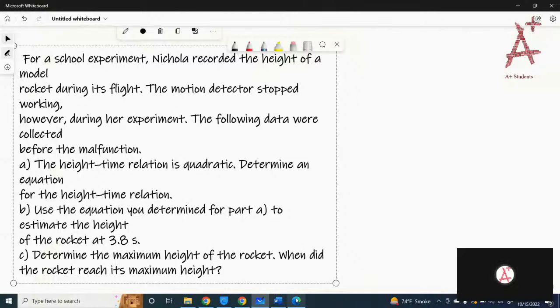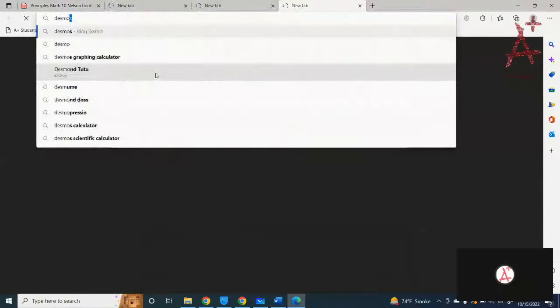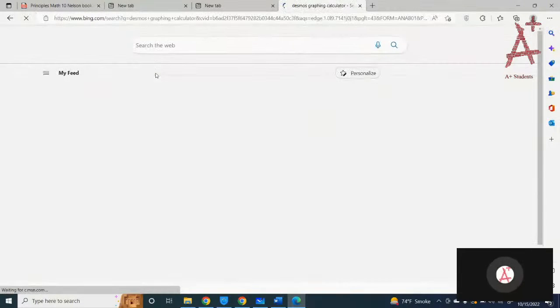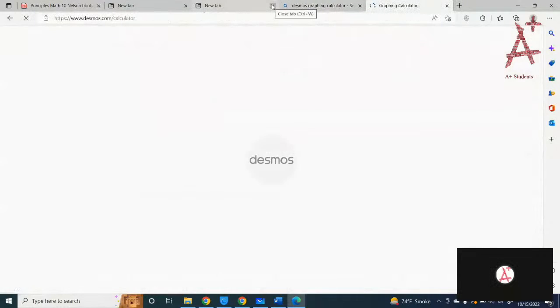Let me plot the points on the graphing tool. I'm going to use Desmos, but you can use any other graphing tool you are using in your classroom.